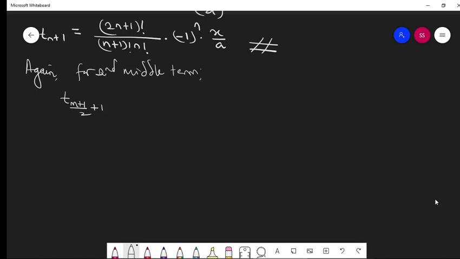So it is easier, dear students. Directly you can compare (m+1)/2 plus 1; it is in t(r+1) form, equal to t(r+1), say we can suppose this. So what is r in this case?